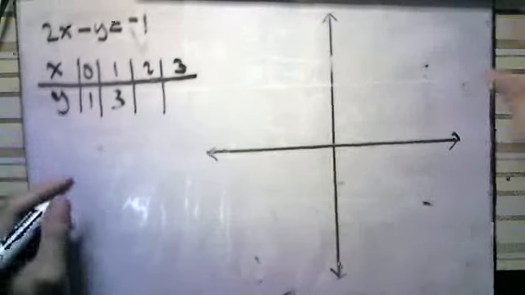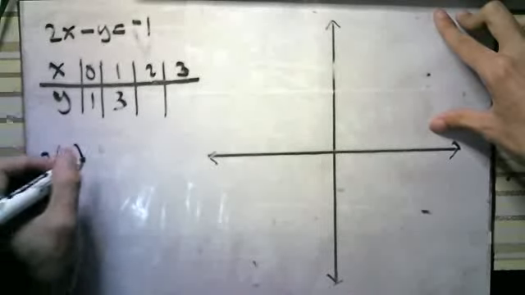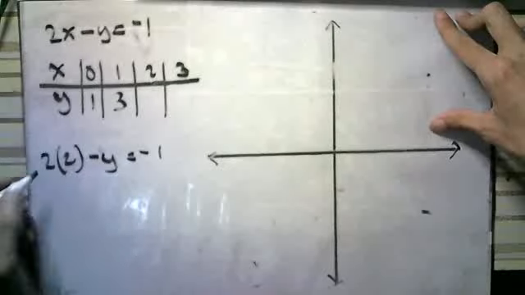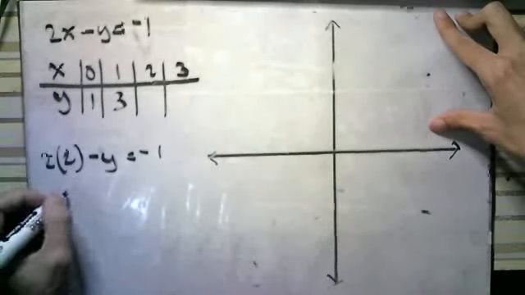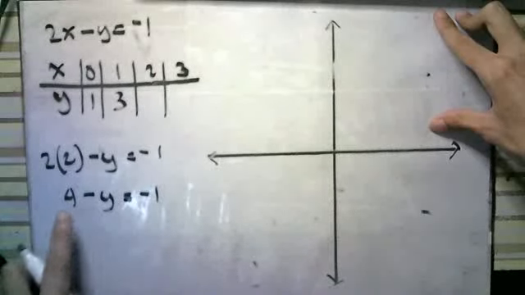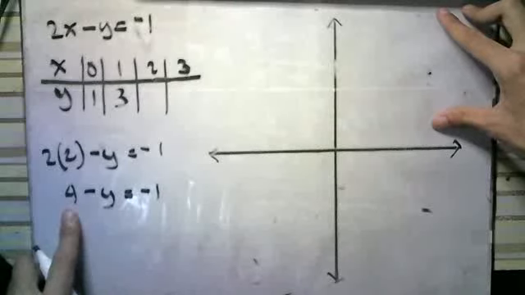What if your x is 2? So, that will be 2 times 2 minus y is equal to negative 1. Then, 2 times 2, that will be 4 minus y is equal to negative 1. Make 4 become 0. So, how do we make 4 become 0?